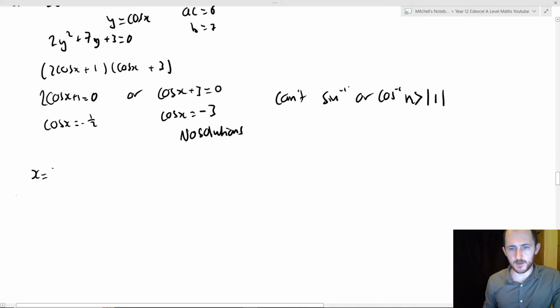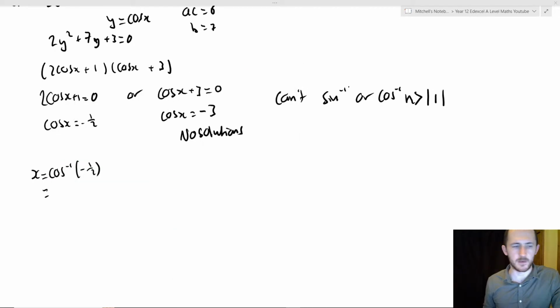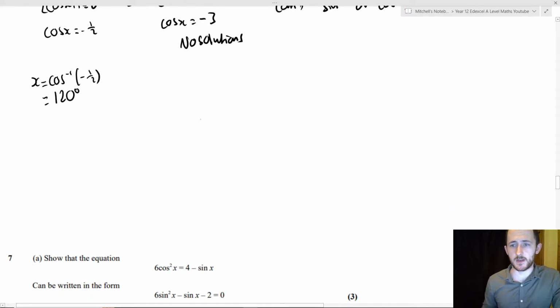So x is equal to the inverse cos of negative a half. That's 120 degrees, but that's nice. This is quite an interesting situation.